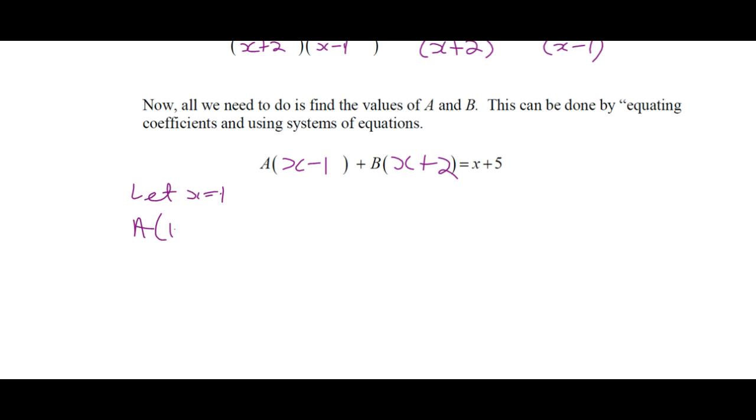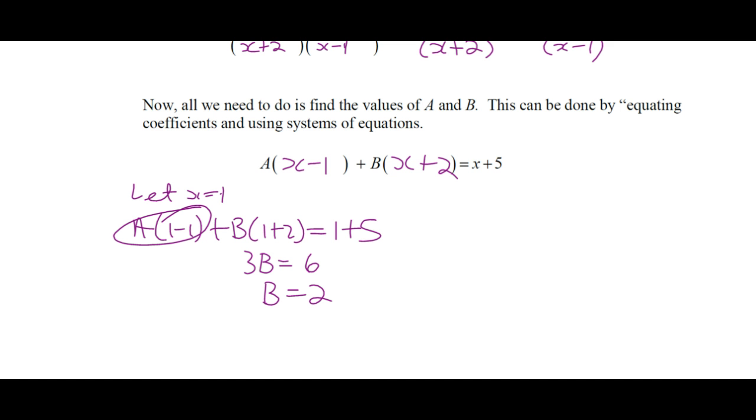So it gives us A(1 − 1) + B(1 + 2) is equal to 1 + 5. Now, I wouldn't bother writing this out. You chose x to be 1 because that gets rid of the A term. And so you've got 3B is equal to 6 and B is equal to 2. Similarly, what could we let x equal?